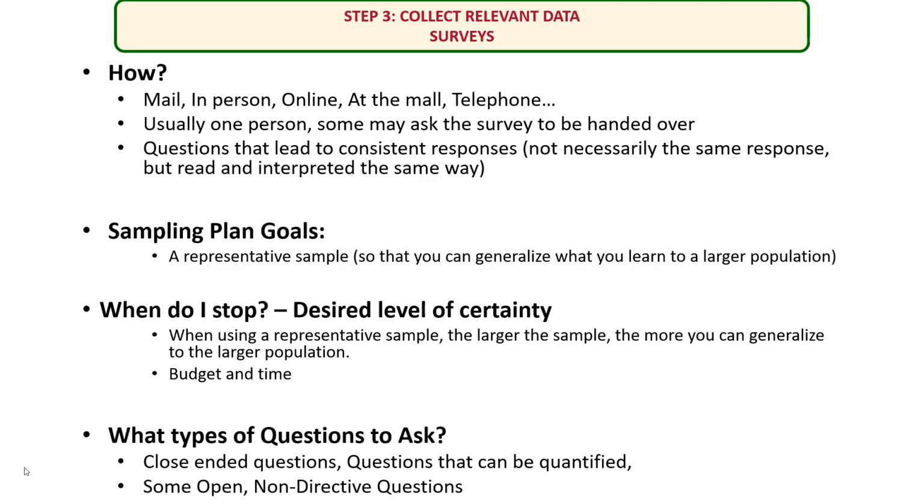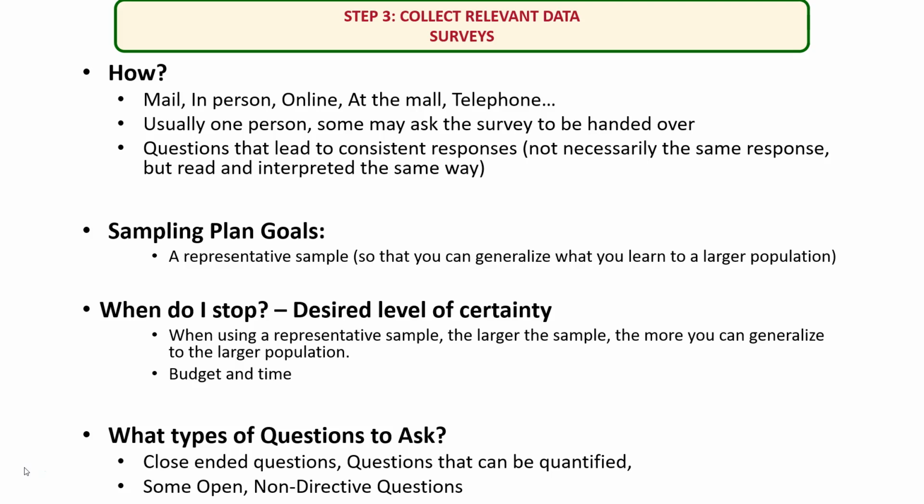That is, the more you can say it's likely the rest of the population has the response breakdown you're seeing in your sample. That's, of course, assuming you're not just picking and choosing willy-nilly, that you're actually using a representative sample where every person has equal chance of being in that sample.